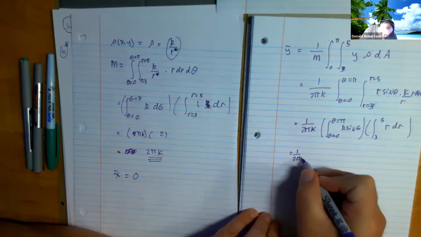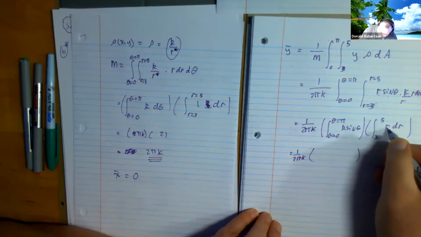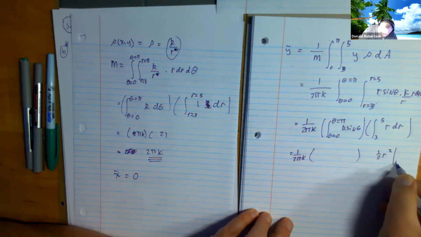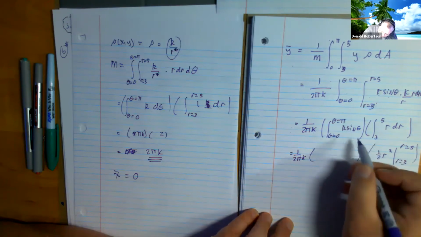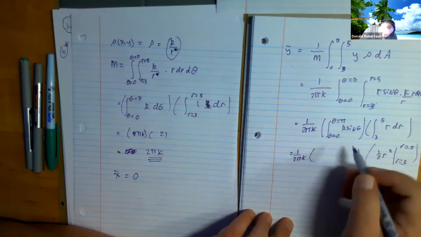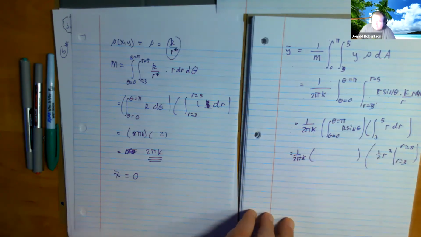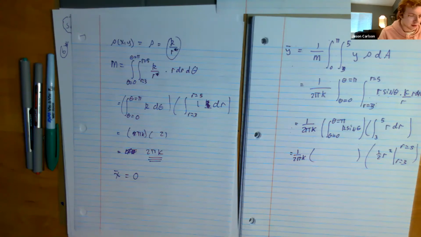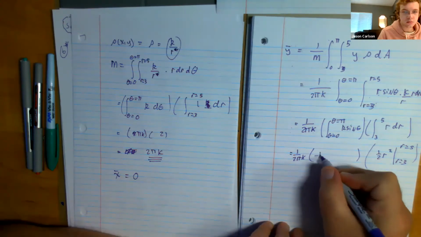We are cooking. Right, this fella here is 1/2 r squared from 3 to 5. And if you do this fella here, what do you get? What's the antiderivative of k sine theta? Negative k cosine theta. Yeah, correct.